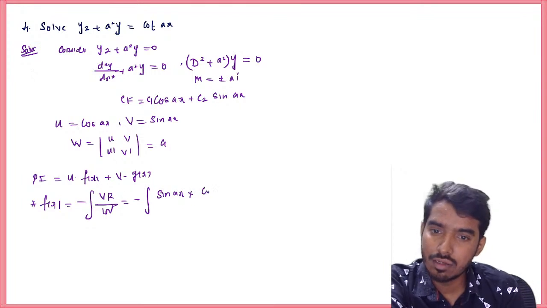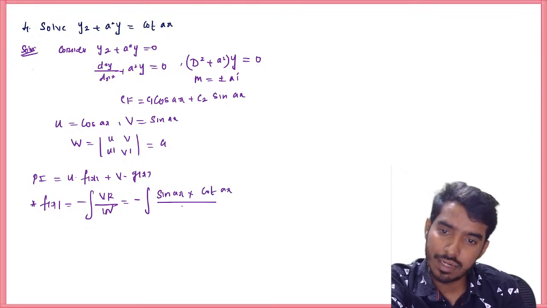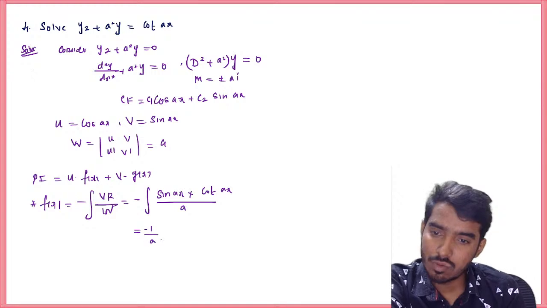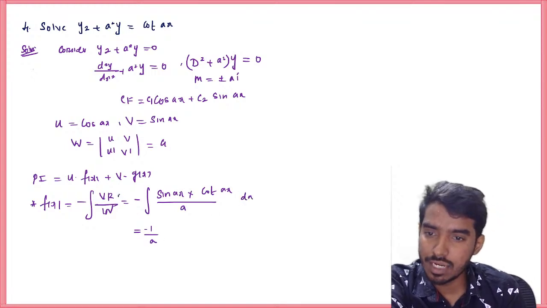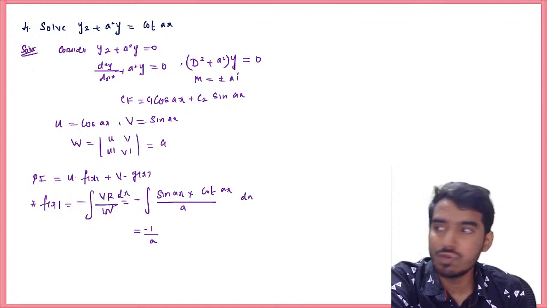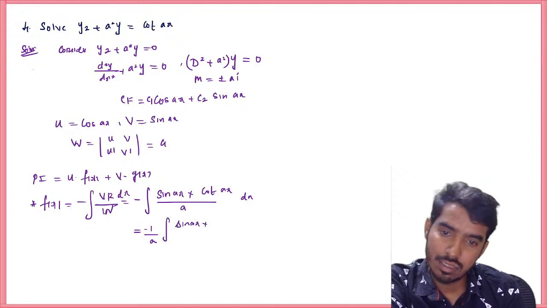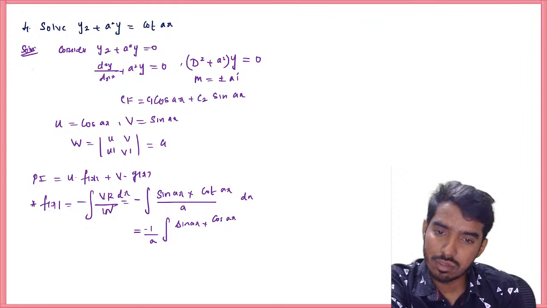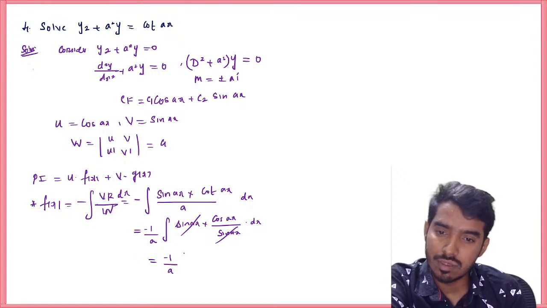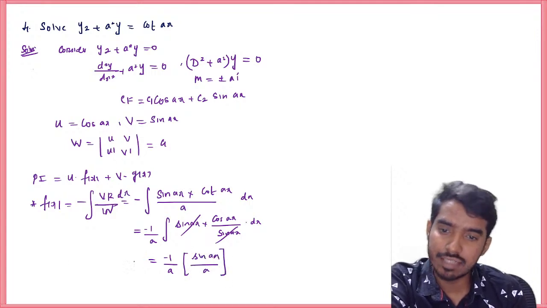What is r? Cot ax, divided by w is a. So minus 1 by a, and don't forget to put dx, right? So always put dx when you have integration. So integration of sin ax cot ax, which is cos ax by sin ax, dx. So this is minus 1 by a integration of cos ax, which is sin ax by a, right?